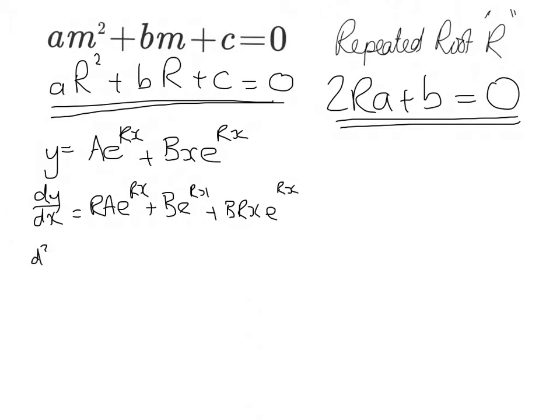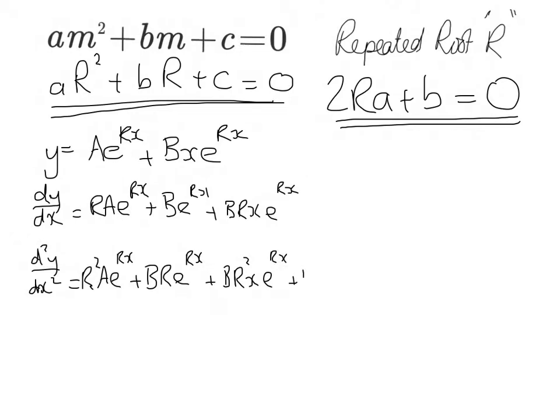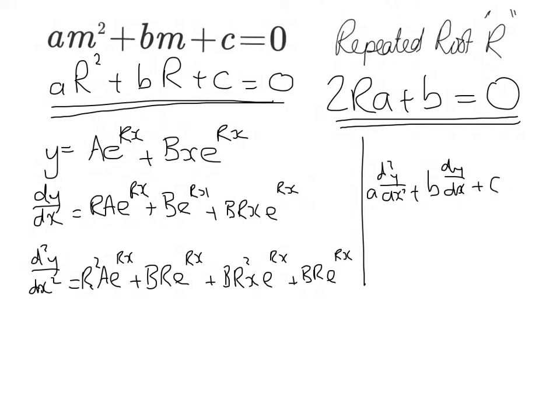Let's differentiate again. d squared y by dx squared equals r squared a e to the rx plus br e to the rx. Now we need the product rule again, so we get b r squared x e to the rx plus br e to the rx. Okay, let's put all of those into our original second order differential equation, which I'll just remind you was a d squared y by dx squared plus b dy by dx plus c equals f of x.